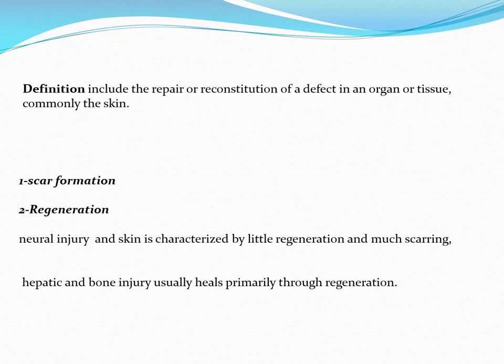On the other side, hepatic tissue and bone injuries have a high percentage of regeneration, and that may return the function and the shape of these organs into their natural look.